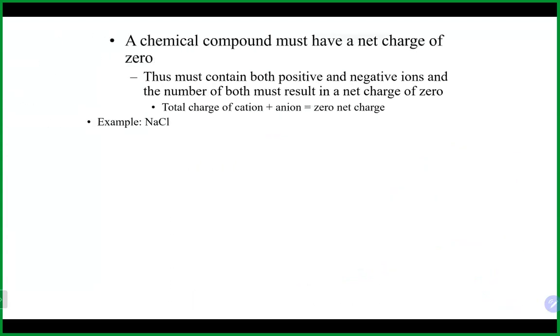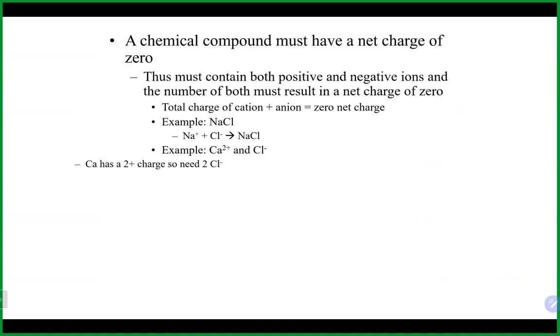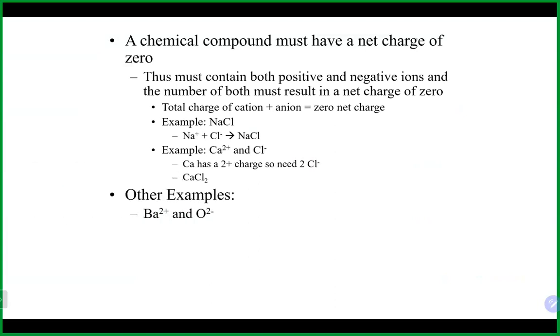All right, so when things do get charges, as I talked about, it really does only happen when metals and non-metals get together. That's really when things have charges. And when it happens, it's always a transfer from the metal to the non-metal that gains the charge.